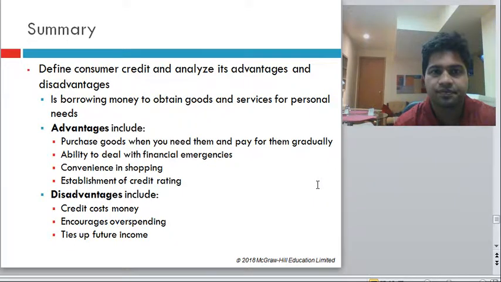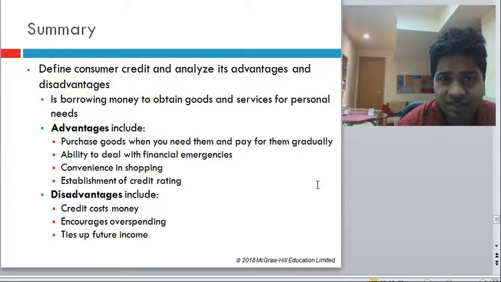And other alternatives. So what have we discussed? Credit is important. First you have to decide whether borrowing money to obtain goods and services for personal need is required. Advantages are: purchase goods when you need them, ability to deal with financial emergencies, convenience, and establishing a credit rating.